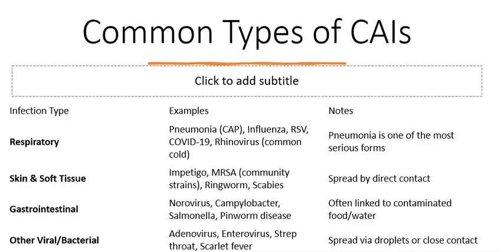For your GI tract, the norovirus. Another big one would be salmonella. We had an outbreak here a few years ago of that. Other viral and bacterial: strep throat, scarlet fever. Strep throat is seen a lot, especially in school age kiddos.